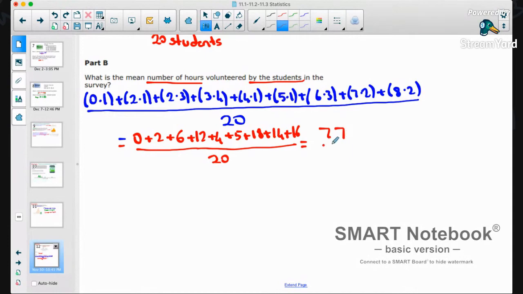Am I right? Let's do it one more time. This is going to be 20, 29, 29 plus 18 plus 14 plus 16. Yes, you will get 77 over 20. Then 77 divided by 20 is going to be 3.85. 3.85 is your answer.